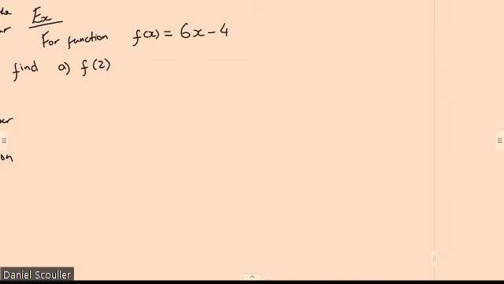If you got that in an exam, your answer would be to write out the equation again, 6x minus 4, then what they've given you there. Everywhere you see an x, you're putting that number. So this is an input question.